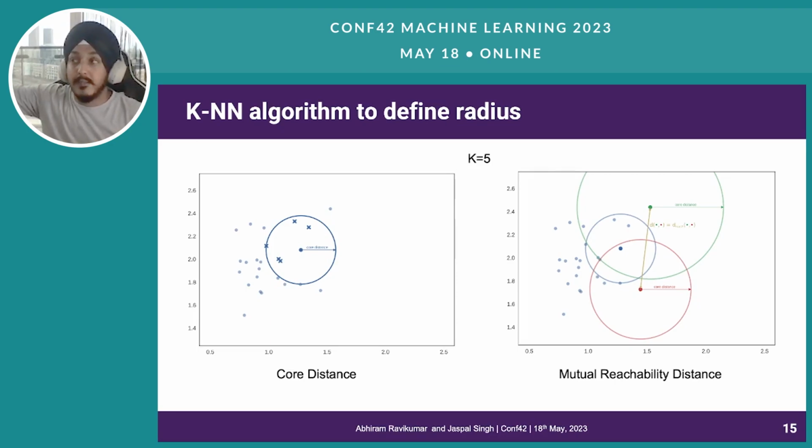Now, another human being within that arm's distance is your mutual reachability distance. And that's the concept basically, how many clusters are within your radius, and that's where dense regions are formed. If they are outside of your radius, then they are away from you. And this mutual reachability distance helps us to identify the dense regions.